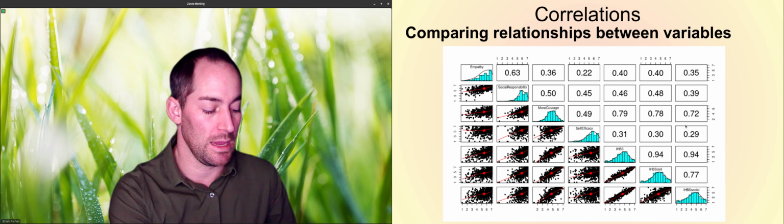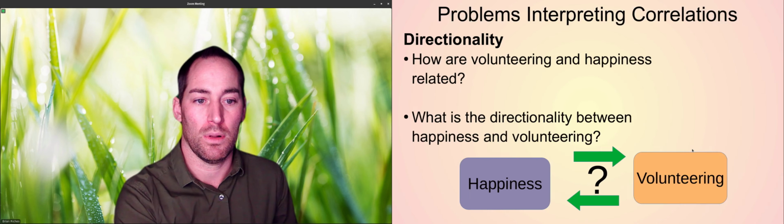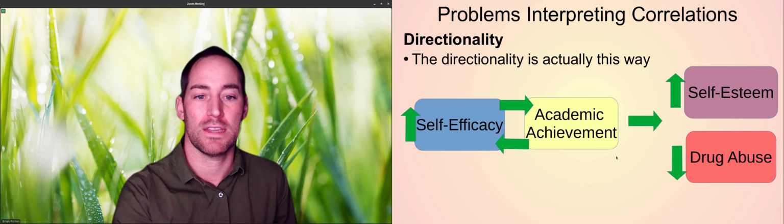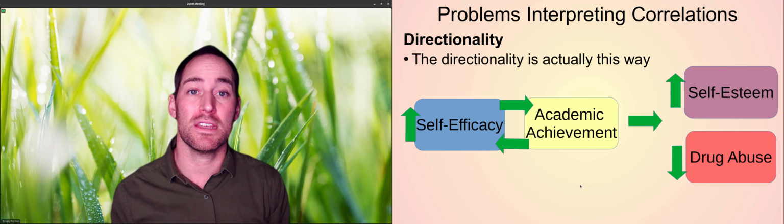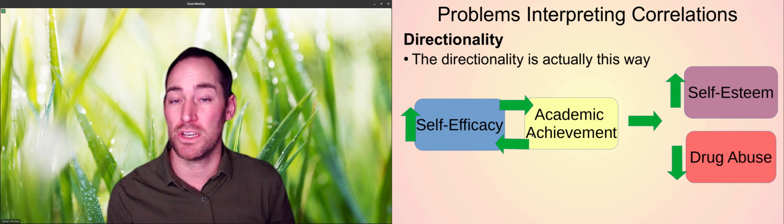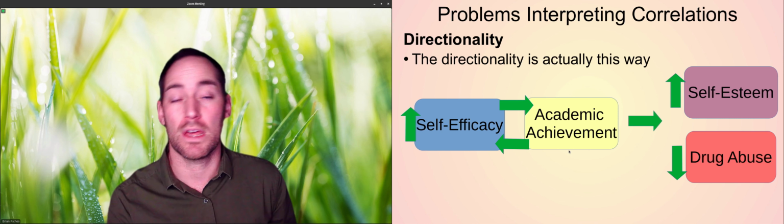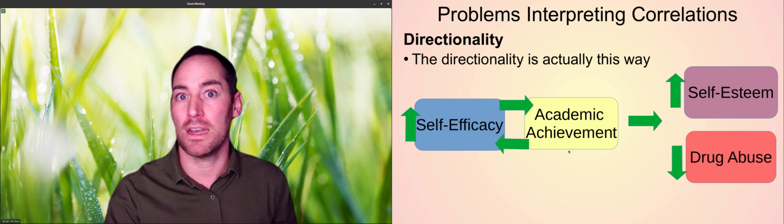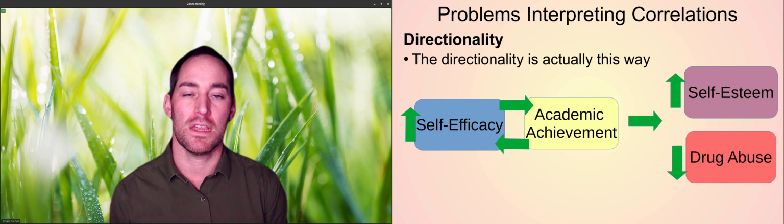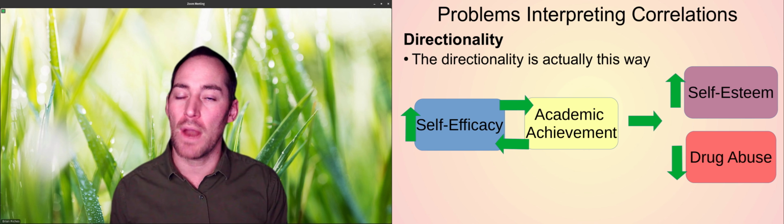Or I could do it like our example here with self-efficacy. The data is suggesting whether self-efficacy is more related to self-esteem or academic achievement, or whether empathy is more related to social responsibility than it is to heroism, those kinds of things. So correlations are really useful studies for examining how variables are interacting with each other.